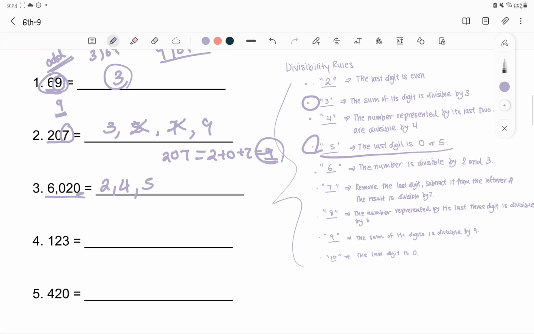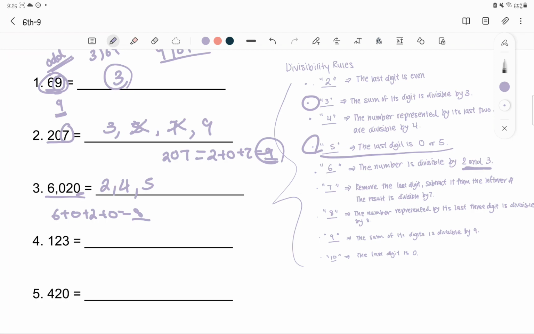So 5, and 6. A number divisible by 6 must be divisible by 2 and 3. This is important. We can see that 6020 is definitely divisible by 2, but it is not divisible by 3, because 6 plus 0 plus 2 plus 0 is 8, and 8 is not divisible by 3. So 6 we can't divide. 7 no. For 8, the last 3 digits must be divisible by 8.